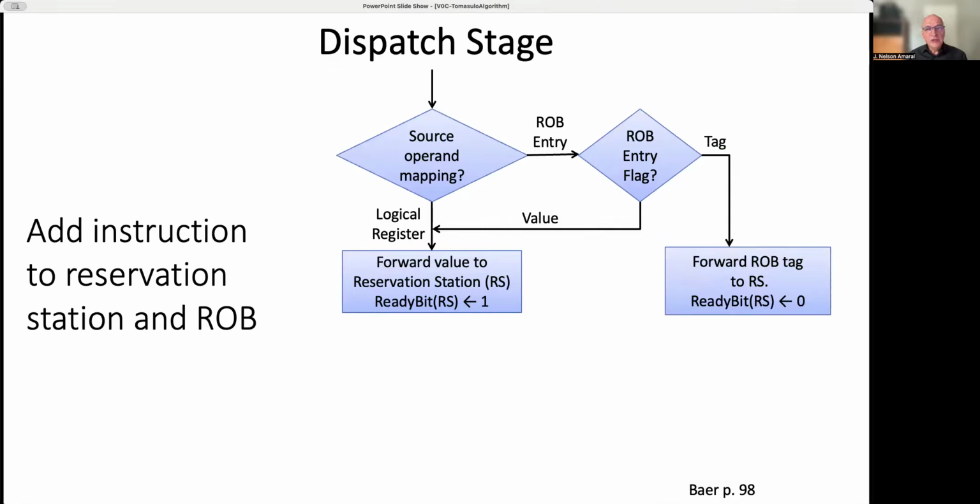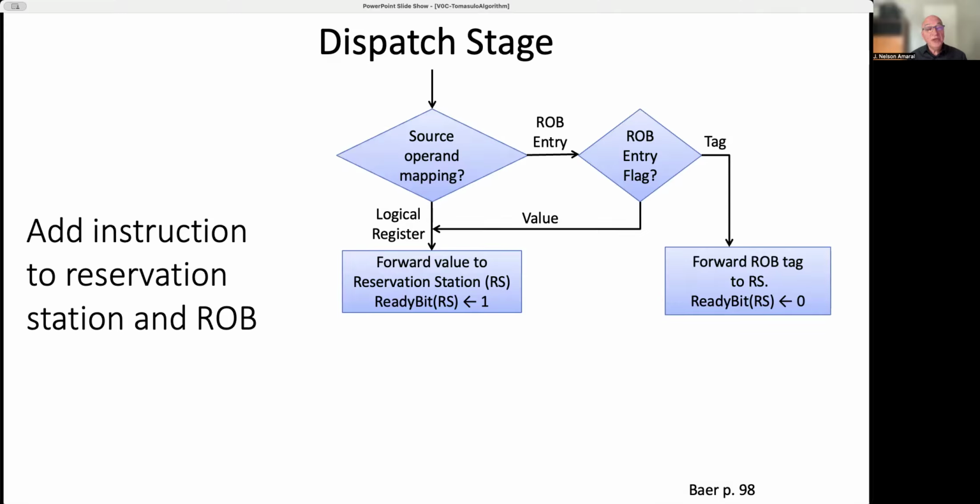If my operand is supposed to be in the reorder buffer, and the flag indicates that I have a tag, it means that the value has not yet been computed. So in this case, I'm going to forward the reorder buffer tag to the reservation station.